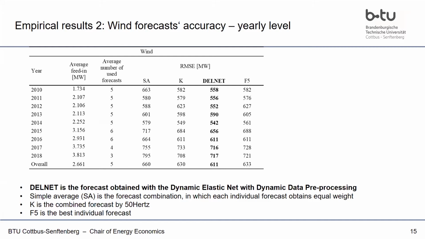So the delnet forecast achieves an overall 8% improvement over SA and 3.6% improvement over F5, the best individual forecast. So we can conclude that delnet really performs well and outperforms all three benchmarks which we have considered, two of which are combination forecasts and one of which is the best individual forecast, for both PV and wind.